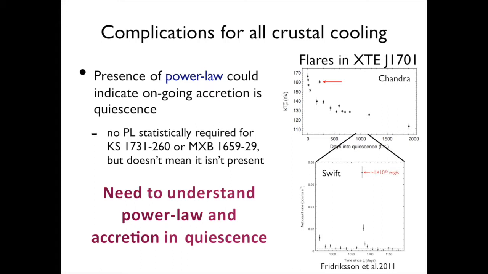So when you look at the spectrum of these neutron stars in quiescence, they often have not just a thermal component, but this power law component too. And that power law component is thought to be due to accretion onto the surface. In objects like KS1731 and MXB 1659, we don't detect the power law component, right? That may be a signal to noise issue, so it doesn't mean that it's not there, right?